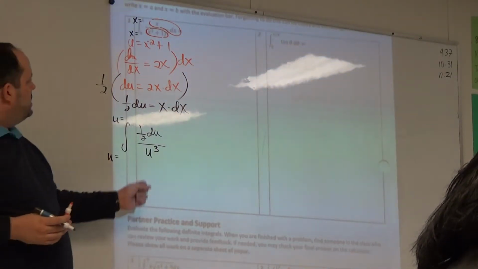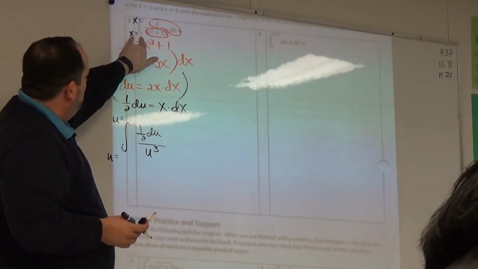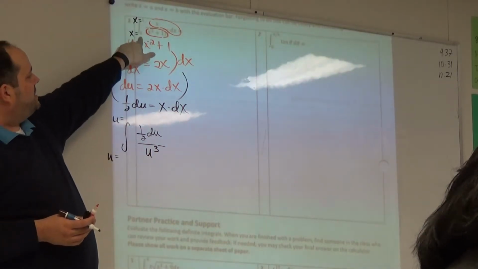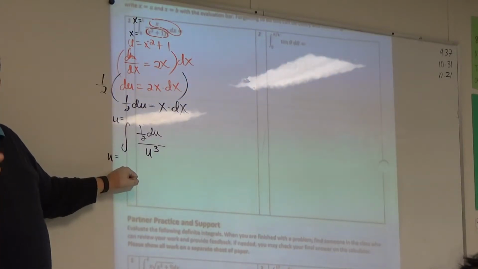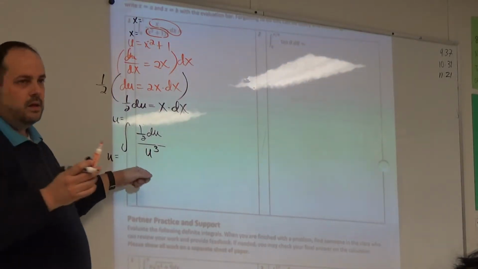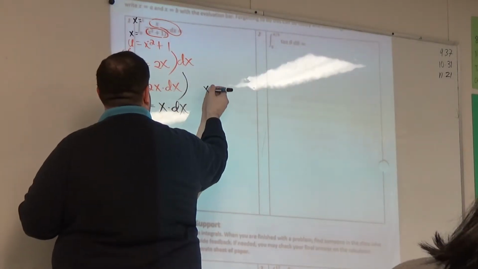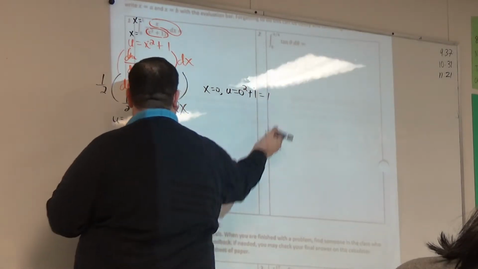Well, let's see. If x is equal to 0, what's the u version? If x is equal to 0, u is 1. Abraham, why 1? Because you put it back into u. We know that u is equal to x squared plus 1. So if x equals 0, then u is 0 squared plus 1.